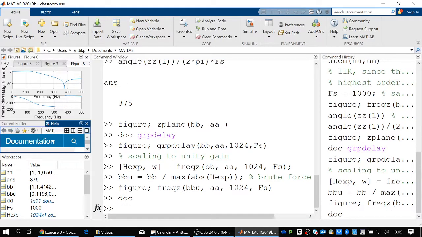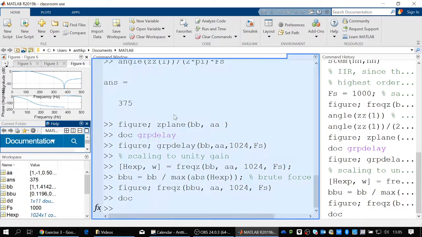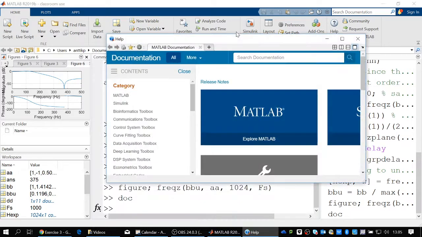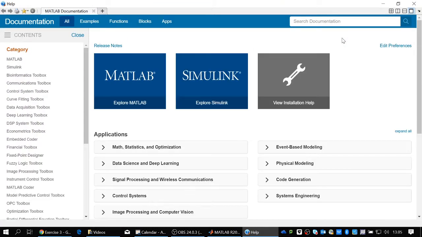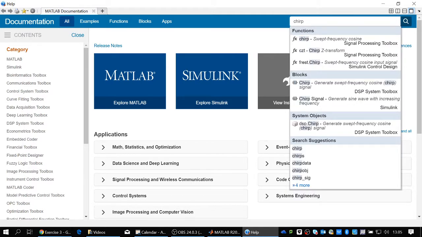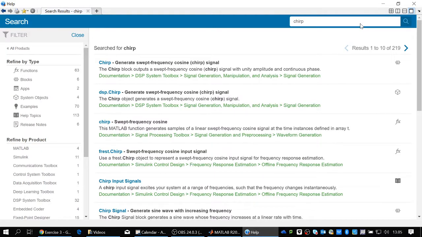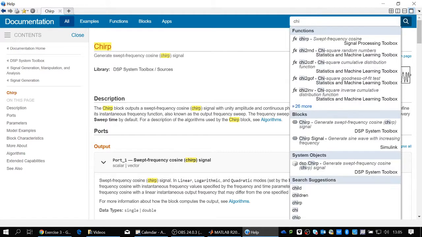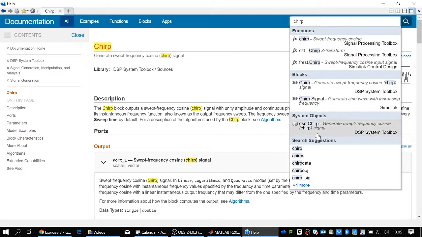Let's take the documentation and search for chirp. Chirp signal. Let's see, chirp. Functions.